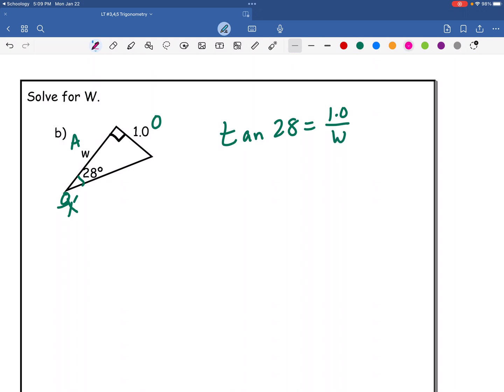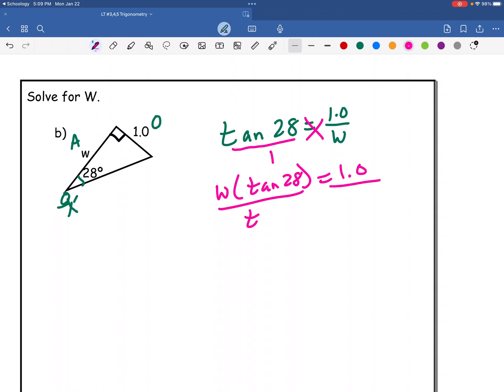In this case, because we're solving for W and it's in the denominator, what we can do is put this over 1, and then we can cross multiply these two as if they are a proportion. So we get W times tangent of 28 equals 1. Now we're solving for W, so what we have to do next is divide by tangent of 28.